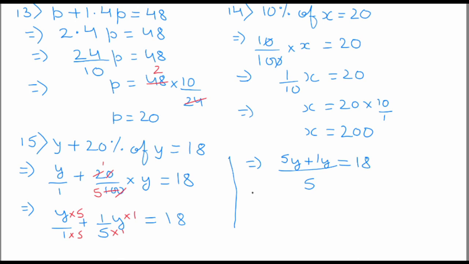This will become 6 by 5y equals 18. y equals 18 multiplied by 5 over 6. And when we cut the 6 with the 18, it will be 6 3s are 18. And the value of y will be 3 5s are 15. That means y equals 15.